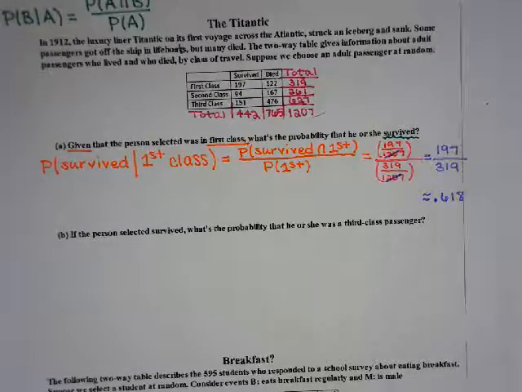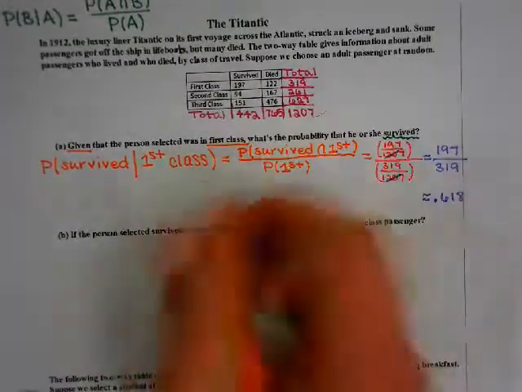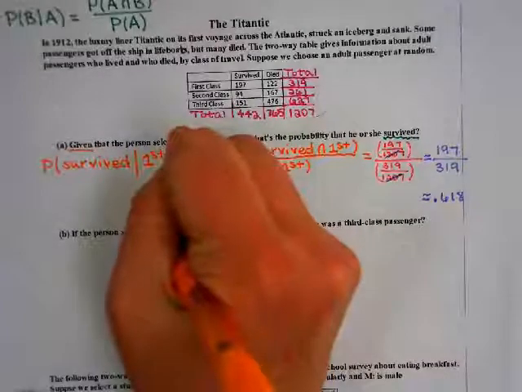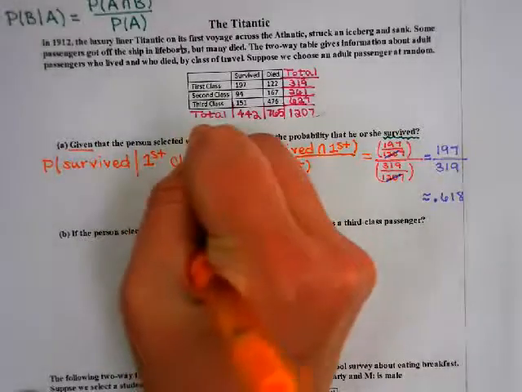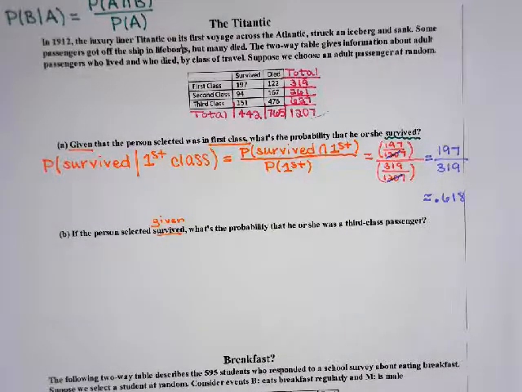Okay. All right, this time the person survived is our given condition. We want to figure out the probability that they were a third-class passenger.